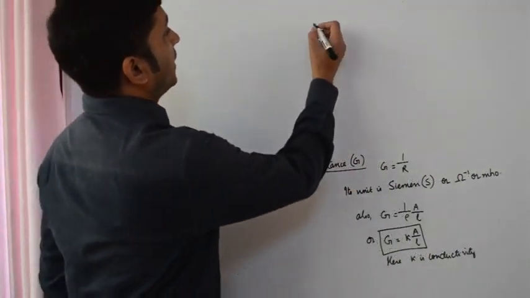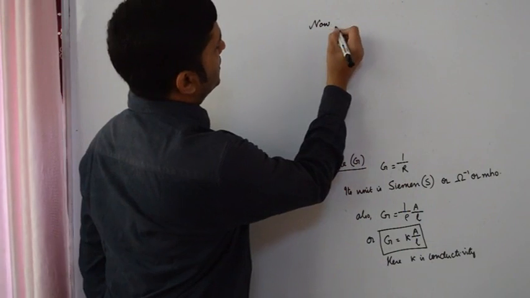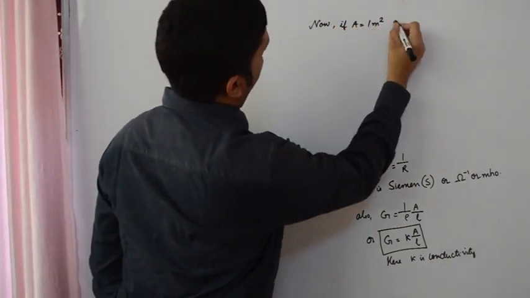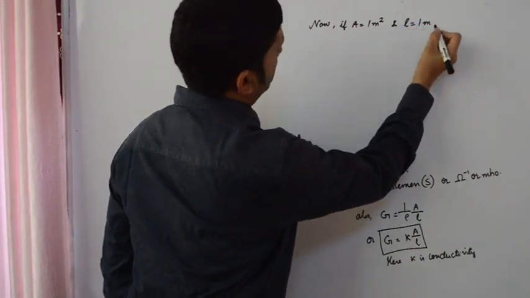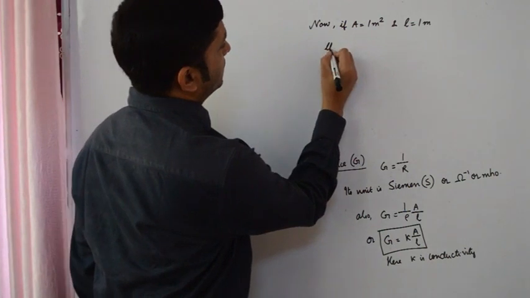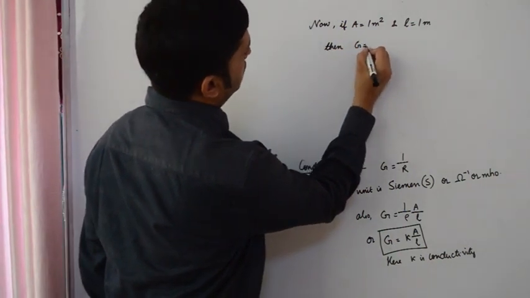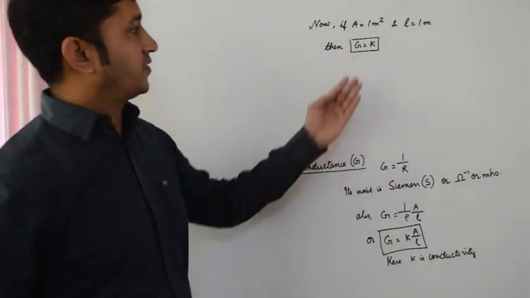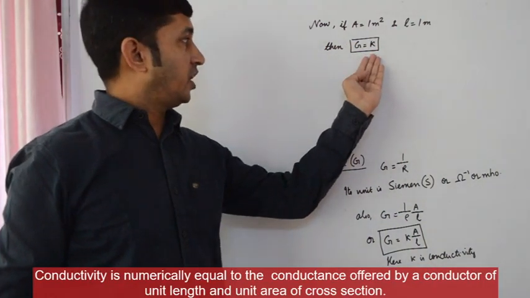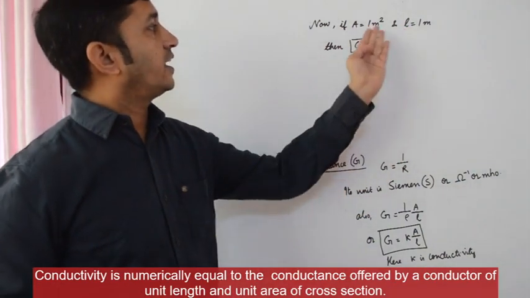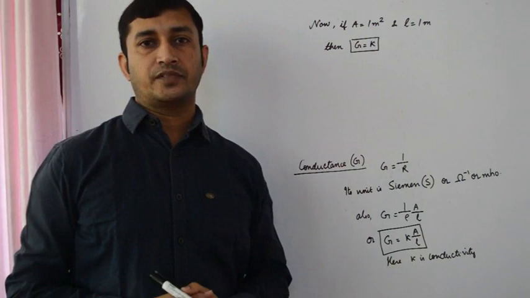Now suppose area of cross section of the conductor is 1 meter square and its length is 1 meter. Then in that case G will be equal to kappa, or we can say that conductivity of any conductor is equal to the conductance offered by a conductor of unit length and unit area of cross section.